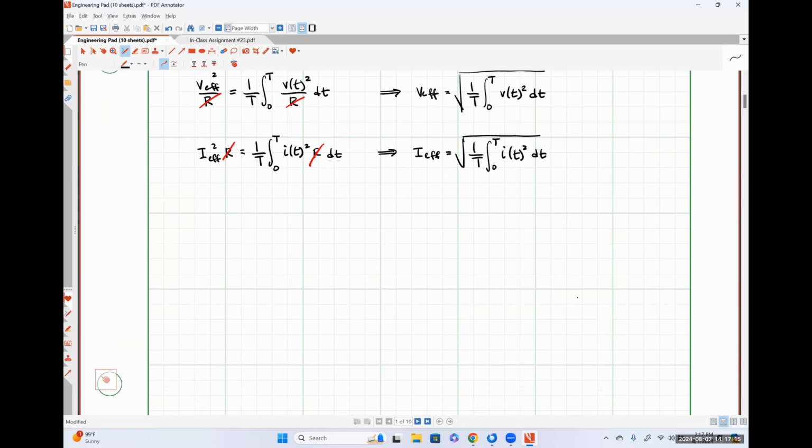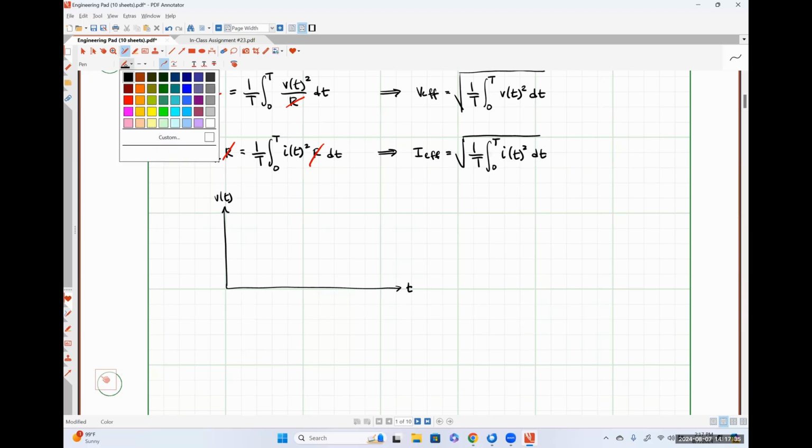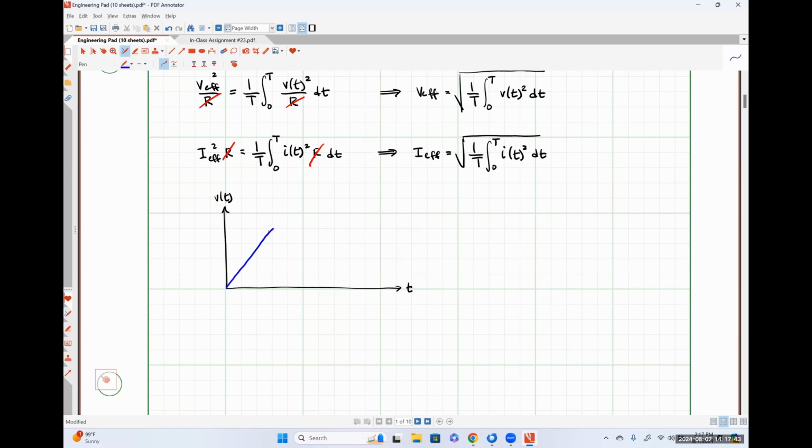All right, so let's say that I have the following signal. Just for the sake of argument, let's make it a voltage signal. And let's say that our voltage signal linearly increases from 0 volts up to, let's call this 8 volts, for 3 seconds.